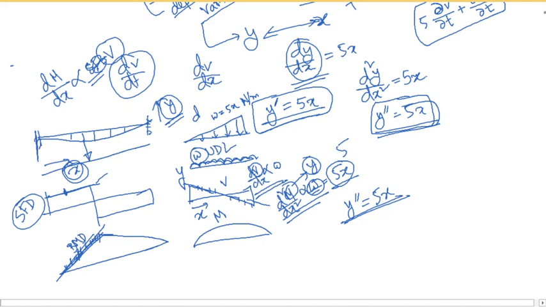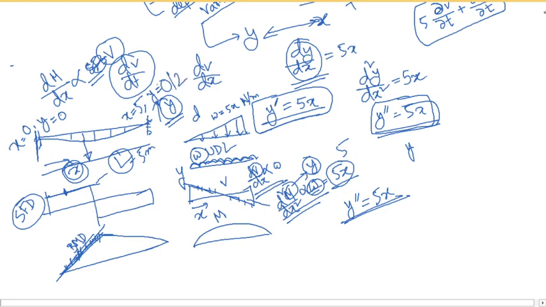Whenever we solve this, if we use boundary values, we get y values for x equals 0, y equals something, say 0, and x equals L, the total length, or say 5 meters. Then the value of y is also 0, or it may be a different value, say 2.